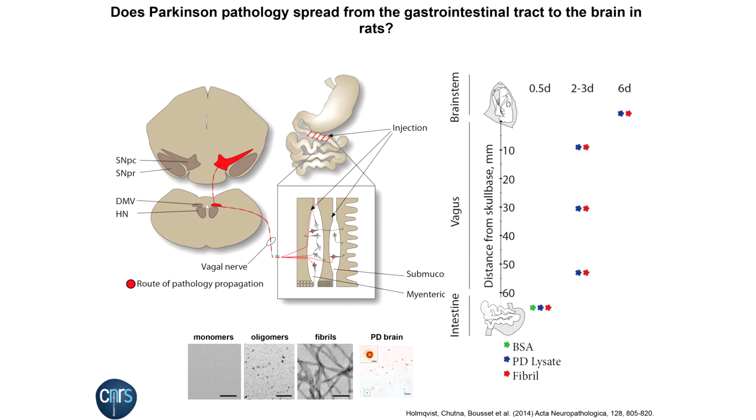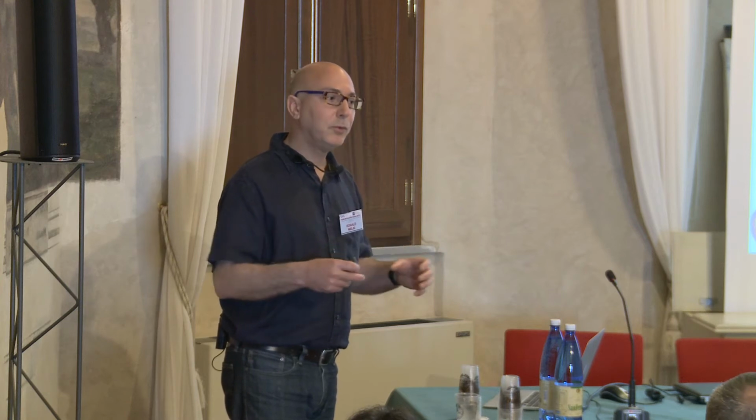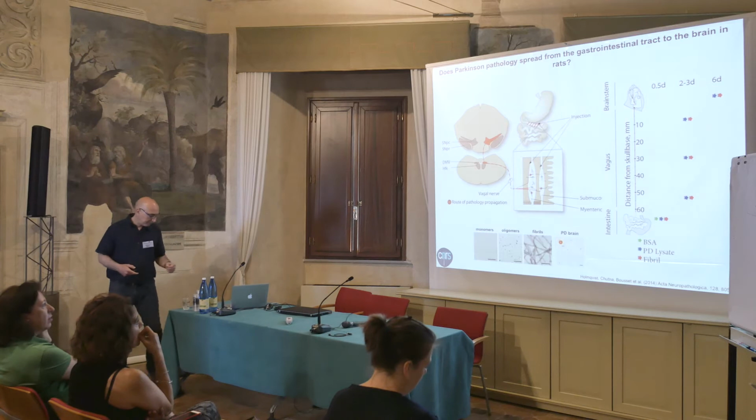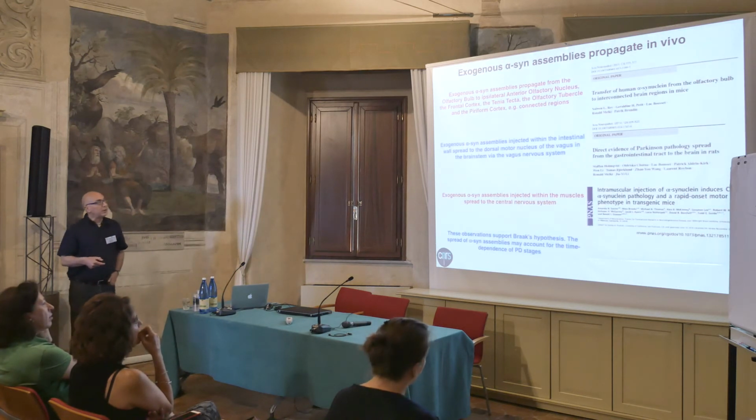And you can see here that within 6 days, our fibrils and the PD lysate reached the brainstem, meaning that what we observed in these microfluidic devices is happening also in living animals. So this work is summarized here.